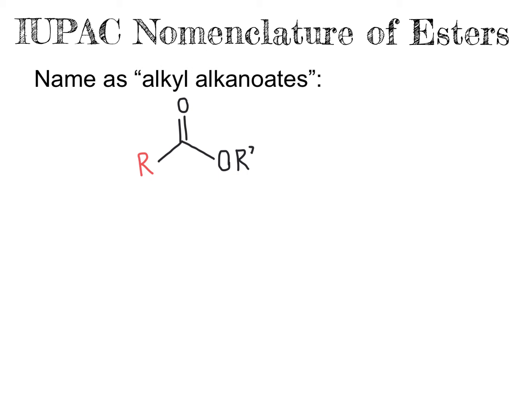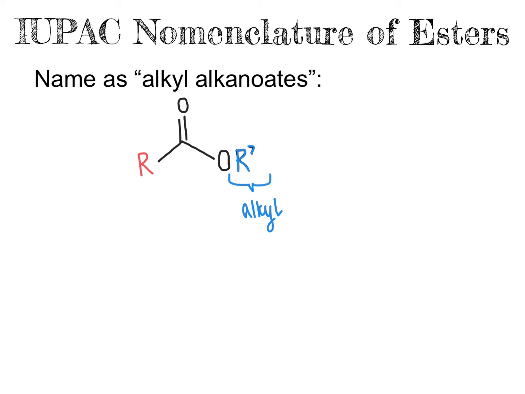Now, in naming an ester as an alkyl alkanoate, the alkyl part of the name corresponds to the structure of the R prime group over here. So if this was a 3-carbon chain, just a straight chain, we would call it a propyl alkanoate.